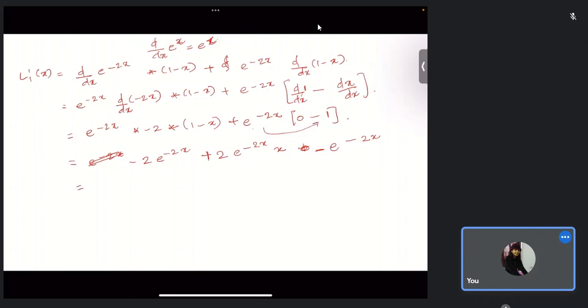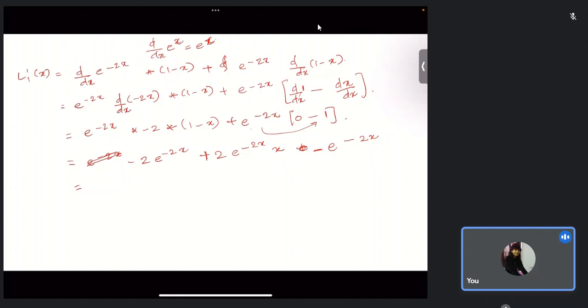So this becomes 2x e raised to minus 2x minus 3 e raised to minus 2x. This can be written as (2x minus 3) into e raised to minus 2x. So L11 of x is going to be this.